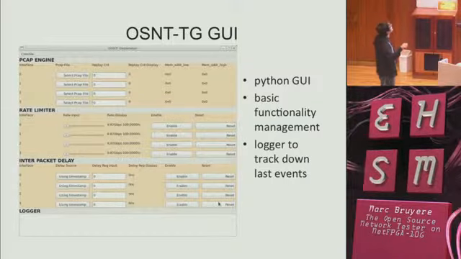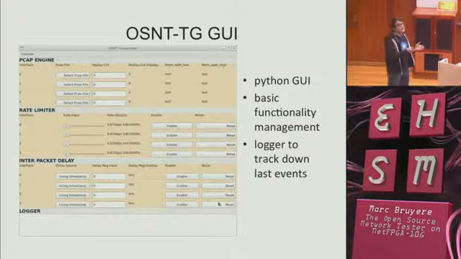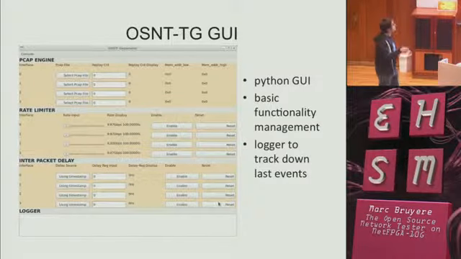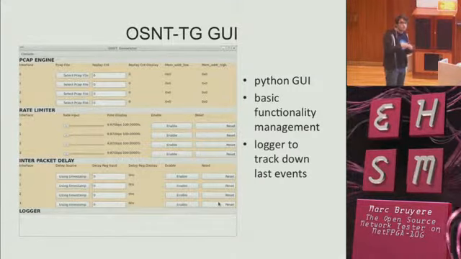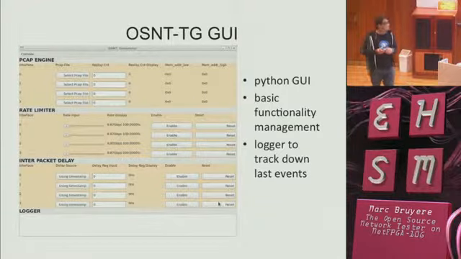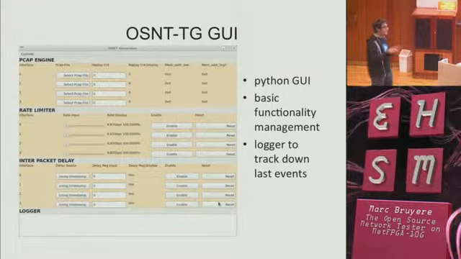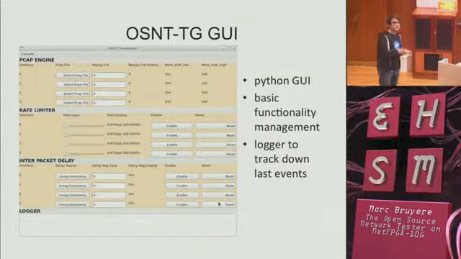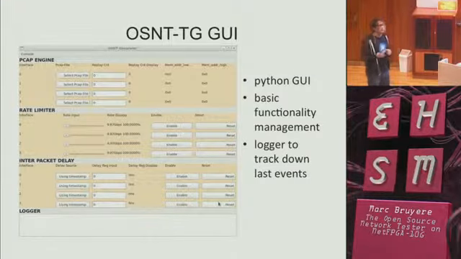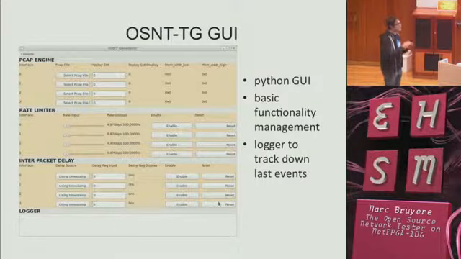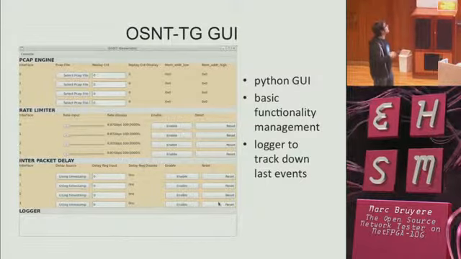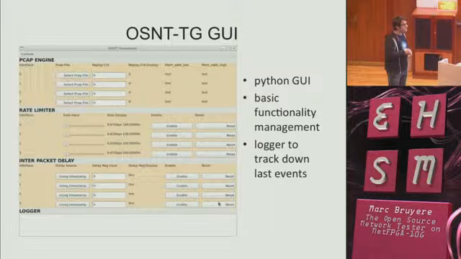On the rate limiter side, it's the speed you want for these interfaces, and also the inter-packet delay. If you want to use the timestamp, that is the time of the pcap itself, then exactly the timing of the captured traffic you had will be replayed, or you can set your own timing, which will be the same for all because we have only one input for the delay register.